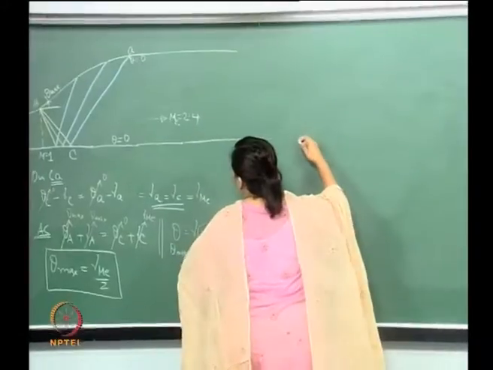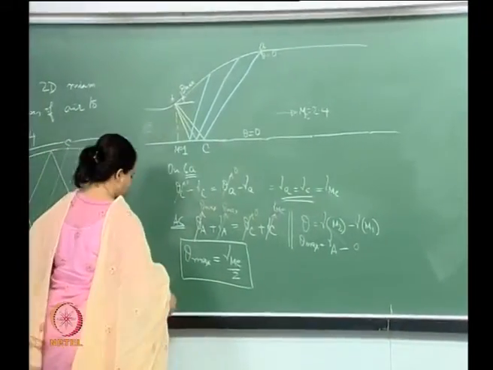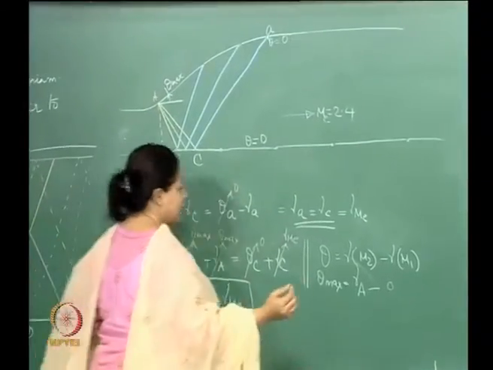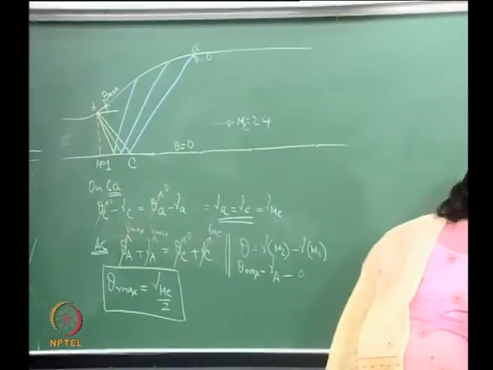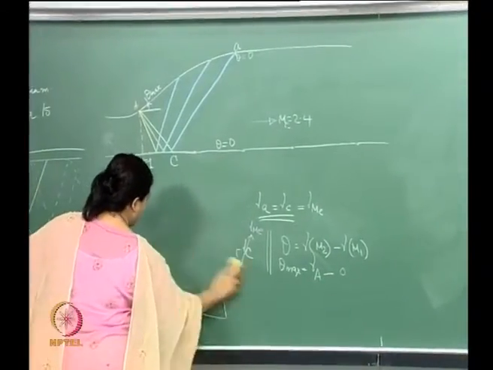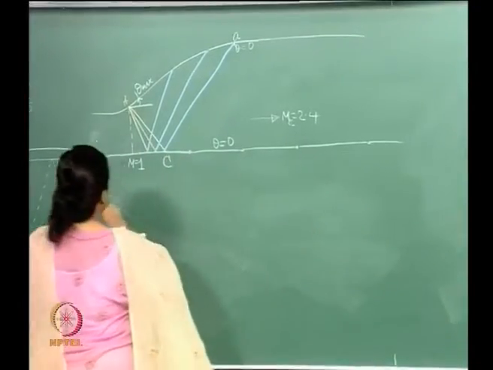Or shall we do it over here? All right, let us do this over here itself, because this is what we are looking at. So having found this out, how do we go about designing for our particular case?